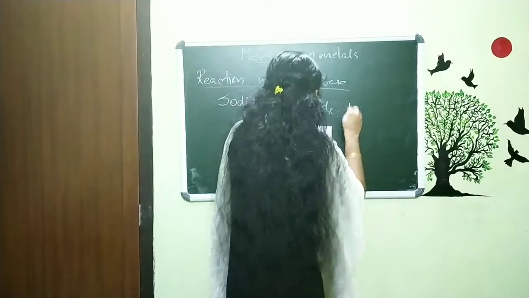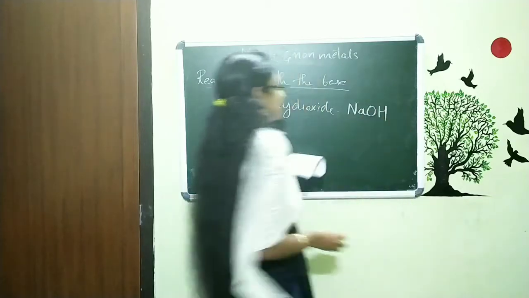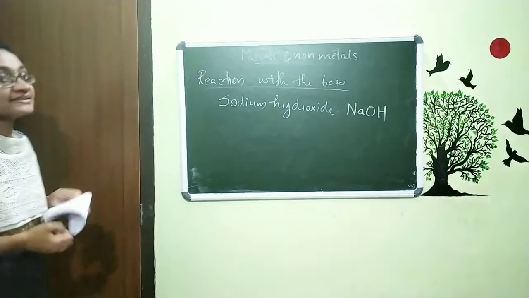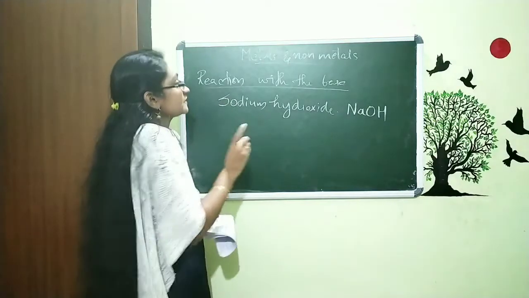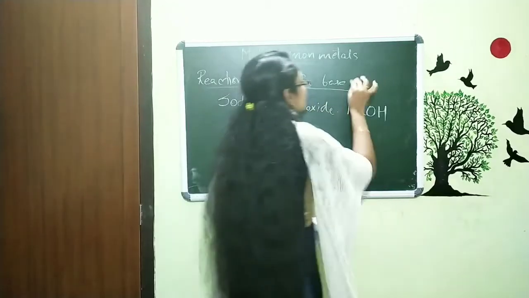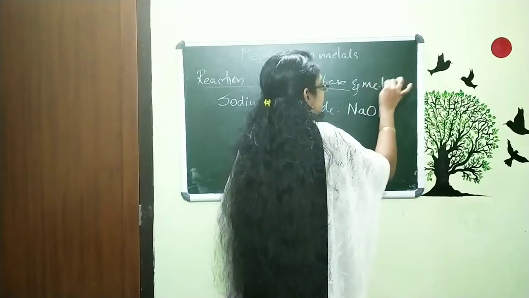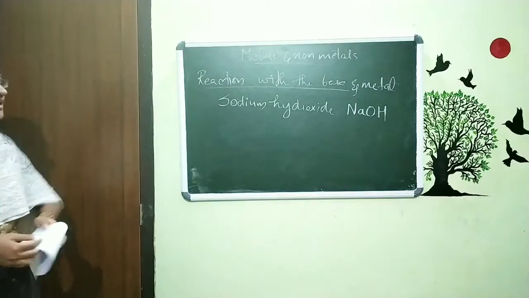The chemical formula is NaOH, sodium hydroxide. This is a base. And here, first we are going to study the reaction of a base with a metal.